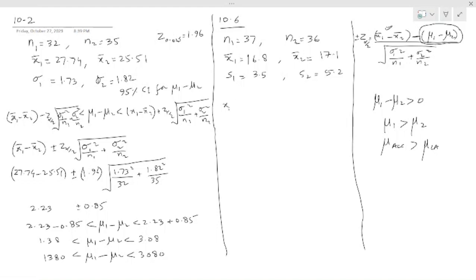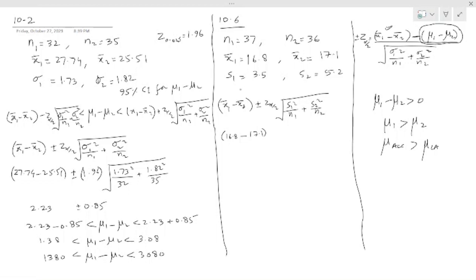Now, I would write down the formula because there is a slight change in the formula. Instead of population variances, we need to indicate sample variances. Now, substituting the values 16.8 and 17.1.